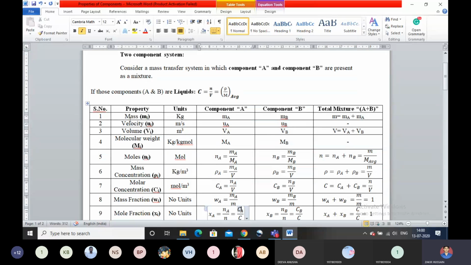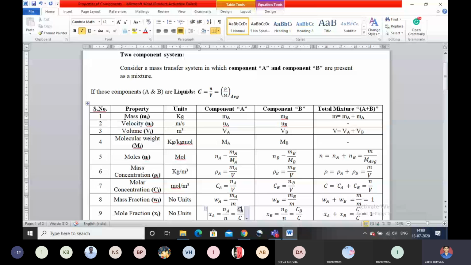For example, consider the first property. The first property is mass, which is a fundamental quantity. If you remember, in the instrumentation and process control course, I gave you the five types of fundamental units and various types of derived units.